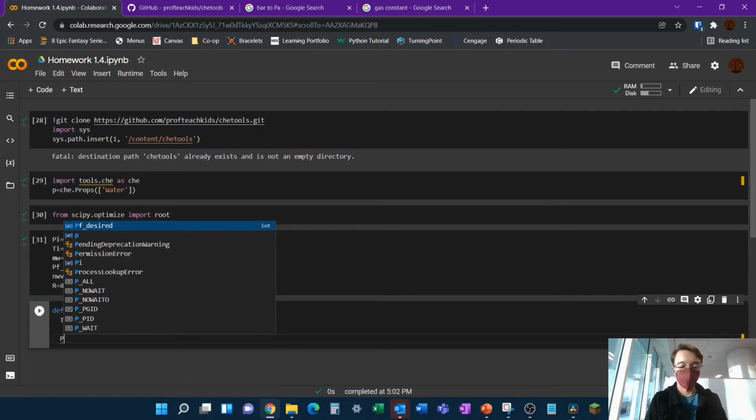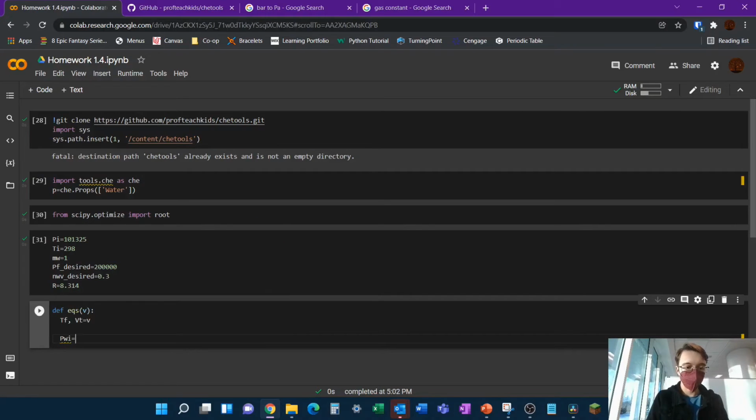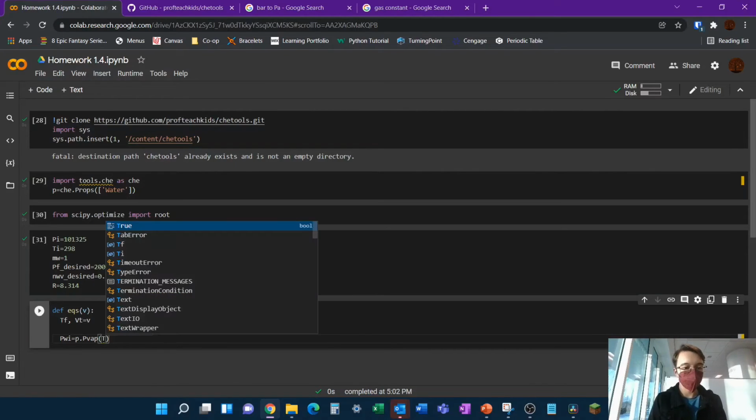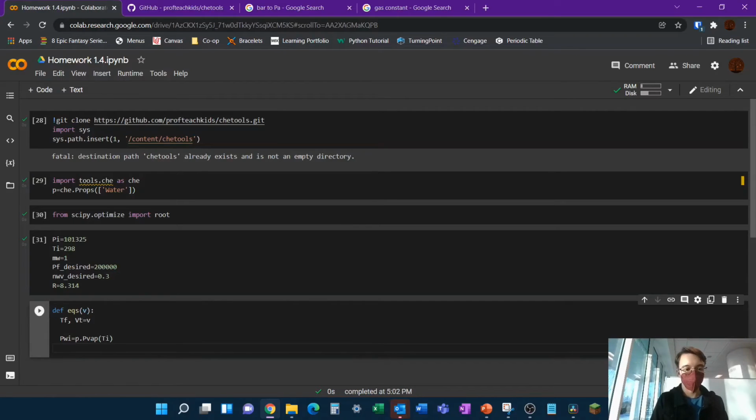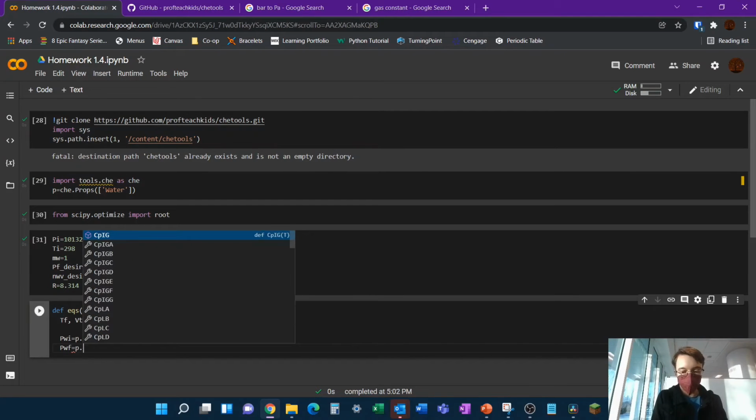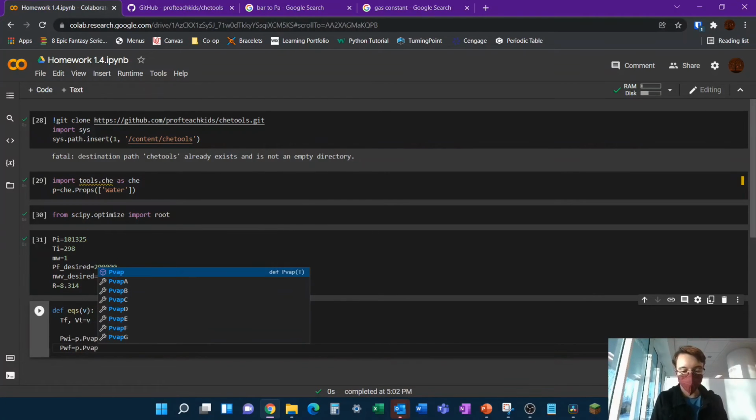So the pressure of water initial is going to be equal to P dot Pvap, that's the partial pressure of the vapor, and we need to define a temperature, so we're going to use the temperature initial. That's going to be our initial pressure for the water vapor. And we can do the same thing for the final, so the pressure of the water final is going to be equal to P dot Pvap for the temperature final.